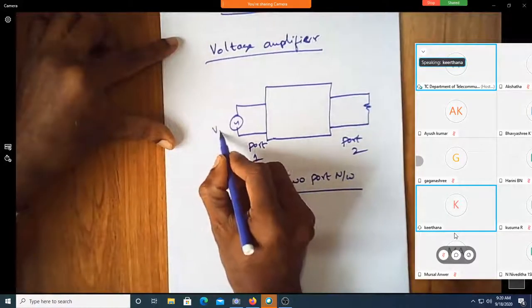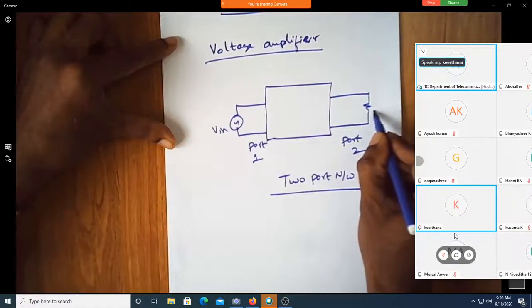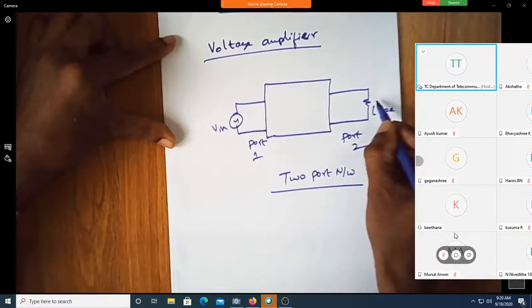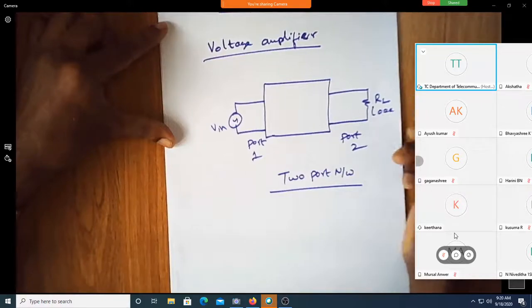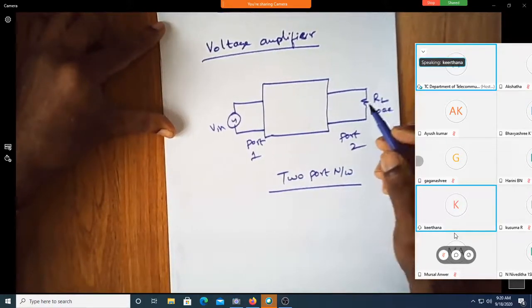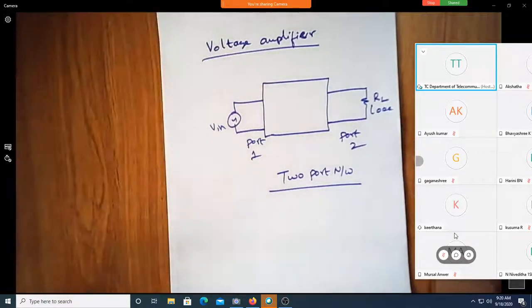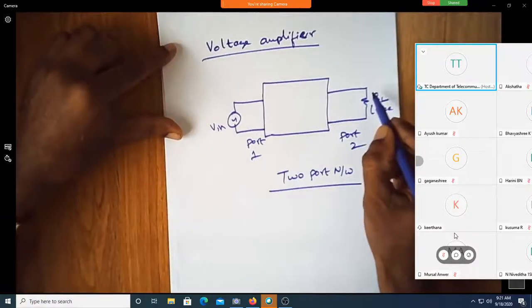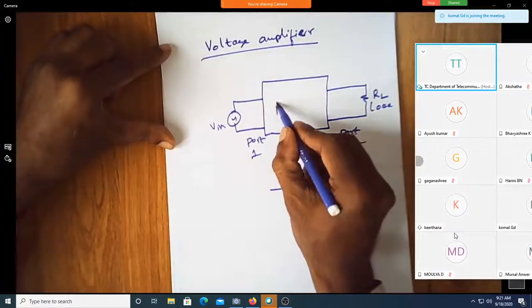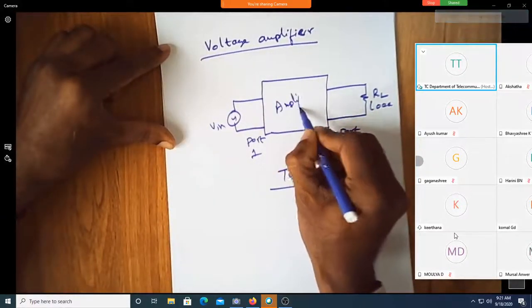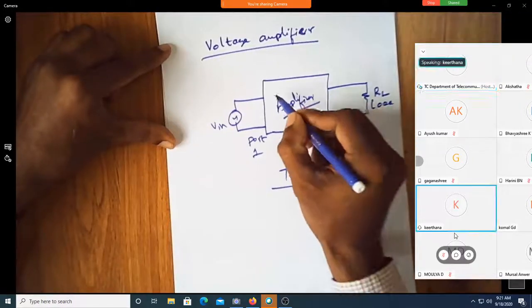You apply the input voltage here. This is a load which can be a resistive load or a reactive load. When I say reactive, you can of course have a complex load, with an inductor as well as a resistor, or a capacitor as well as a resistor. This is the load, and you have this amplifier.